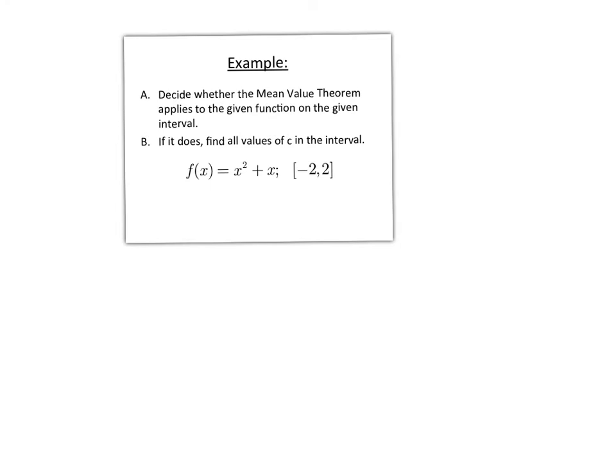And so the mean value theorem can apply, which means that there must be some value c where the slope of the tangent line at that point would be equal to the slope of the secant line between a and b. So let's go find the slope between a and b, which is going to require us to find the y values associated with -2 and 2.